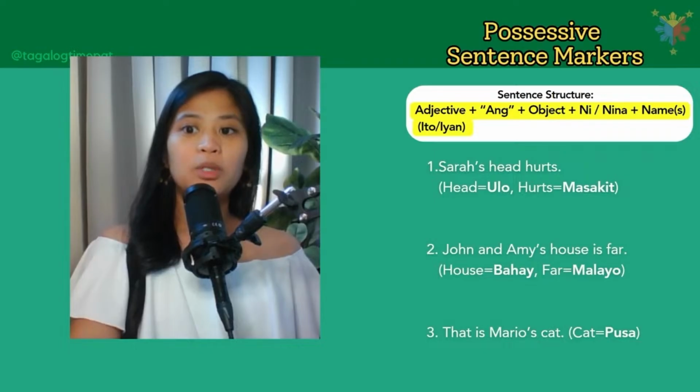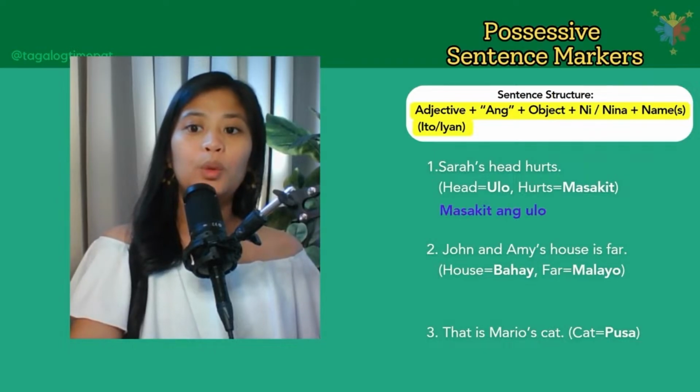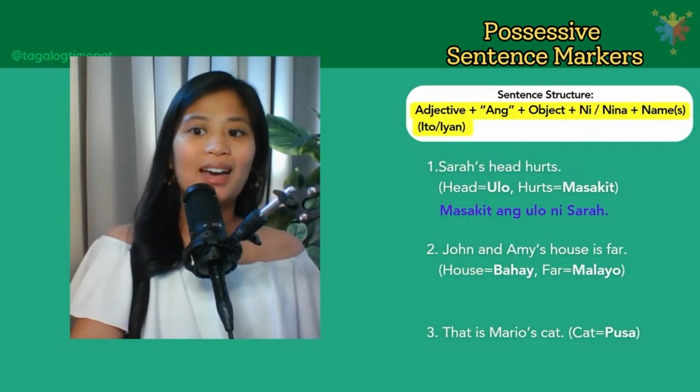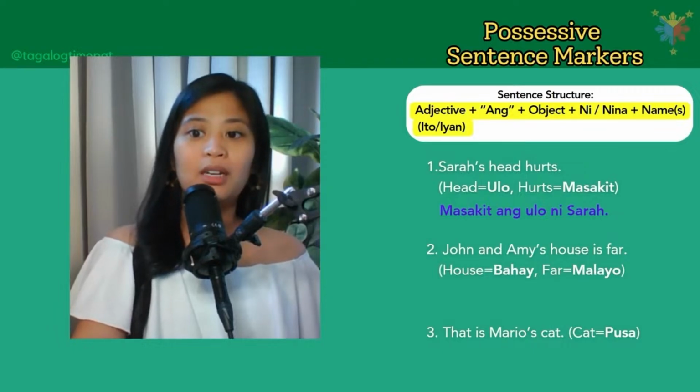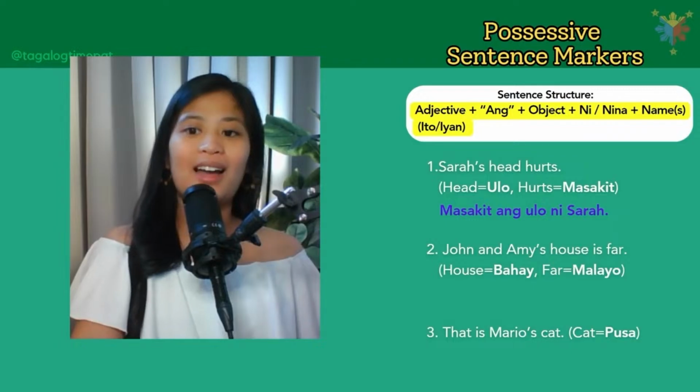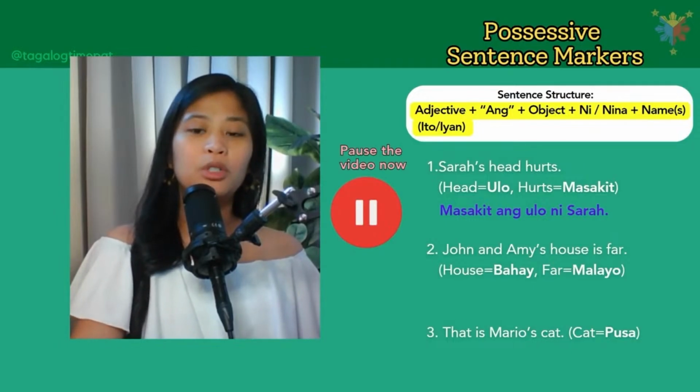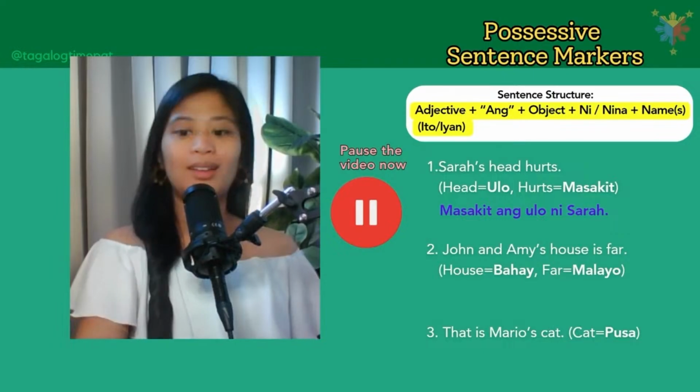Adjective comes first, masakit, ang, ulo, which is the object, ni, Sarah. So it's just one person, so we would choose ni. "Masakit ang ulo ni Sarah." Sarah's head hurts. You take a minute, you do number 2 and 3, and then we will go over it.